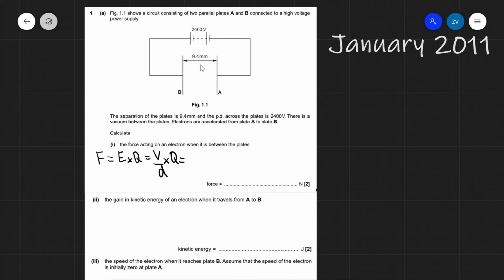Now V is equal to 2400 times by the charge, which is 1.6 times 10 to the power of minus 19. We're going to divide this expression by the distance, which is 9.4 millimeters. So it would be 9.4 times 10 to the power of minus 3. That's going to give us 4.09 times 10 to the power of minus 14 newtons.